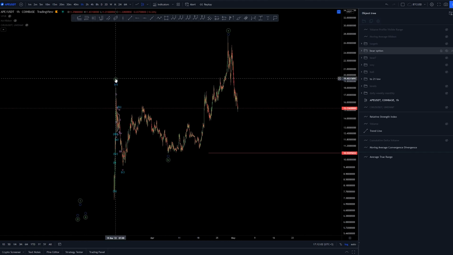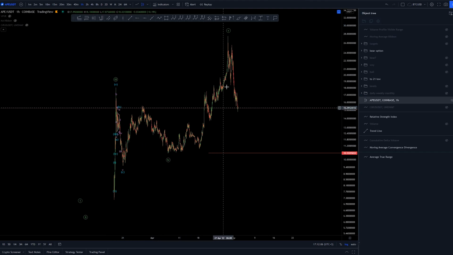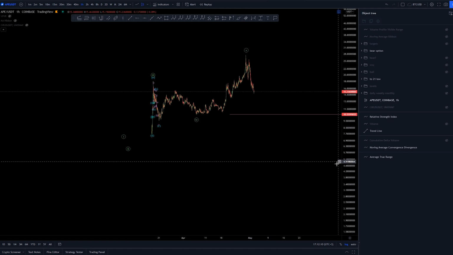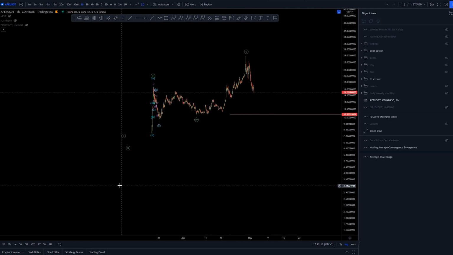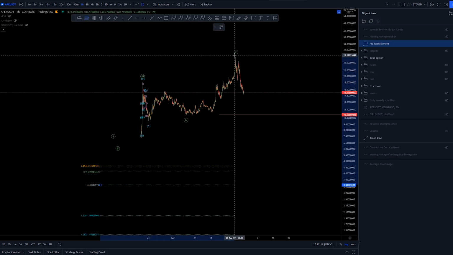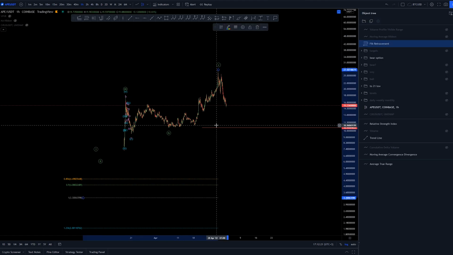This would be the 3rd wave, and this would be 4th, and this last leg would be the 5th. At that point we would be correcting the whole structure, even the structure that we don't see here. So it is guessing basically how much we are going to be retracing and where to.